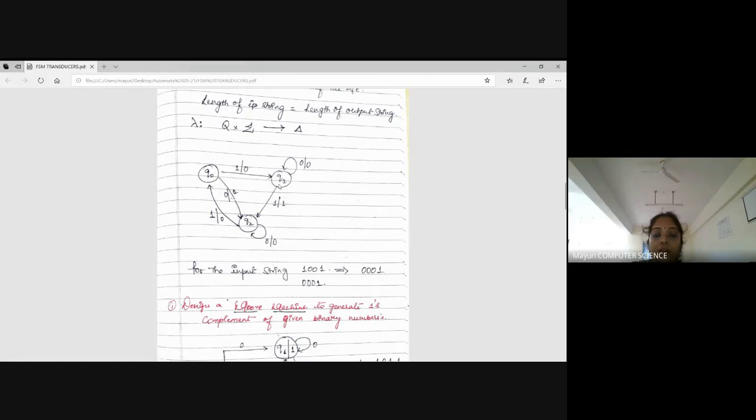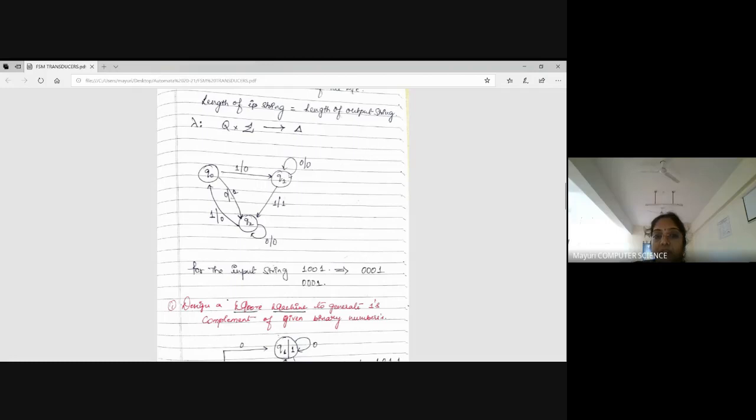For Q1, what input do I have to give next? 0, right? If I give input 0, it goes to Q1 itself. Its output is what? 0. I have written that.